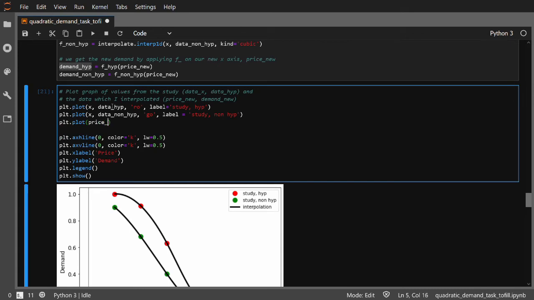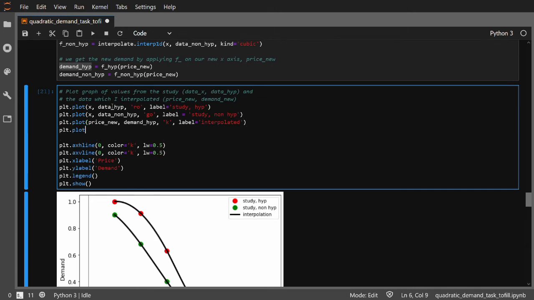So that's price new. The y values were called demand, and again hypothetical. Let's plot it in black. That is a line, so no marker. And the label is going to be interpolated.